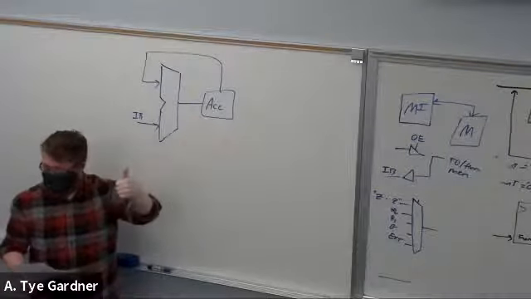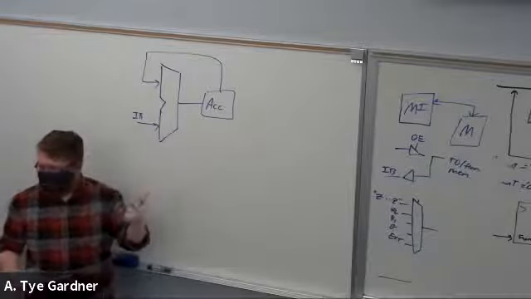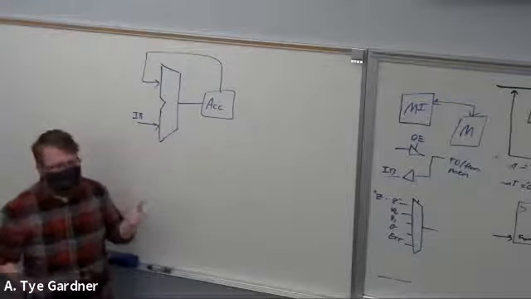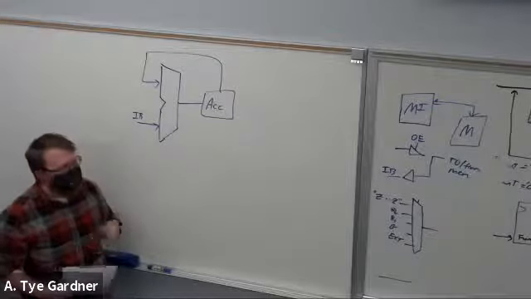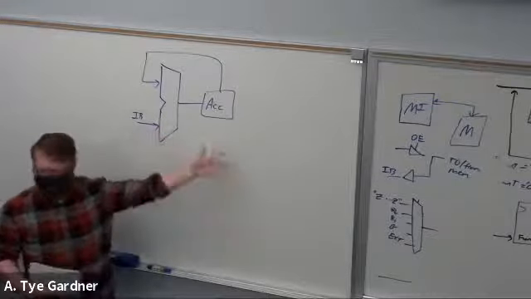We have to load, and then we can add, right? I can't do 2 numbers in just those clock cycles. And then if I wanted to store it to memory, that's another one.